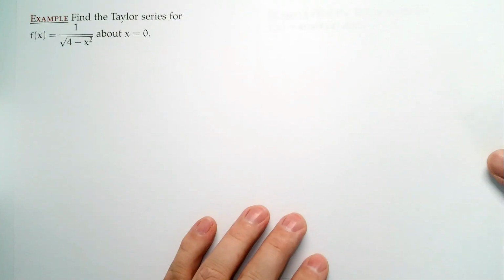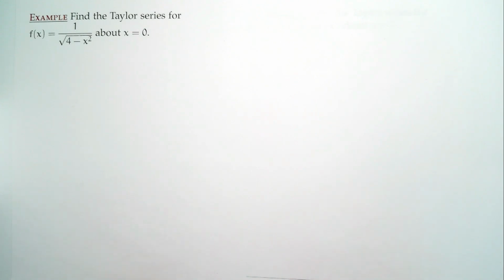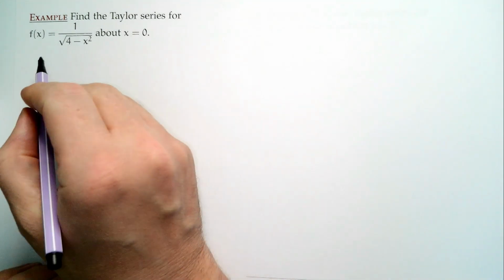All right, so first, find the Taylor series for f of x equals 1 over the square root of 4 minus x squared about x equals 0. Now, this should feel very familiar. So for reference, we're going to copy what we did on the previous slide.